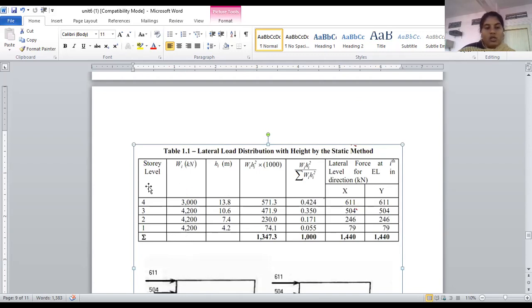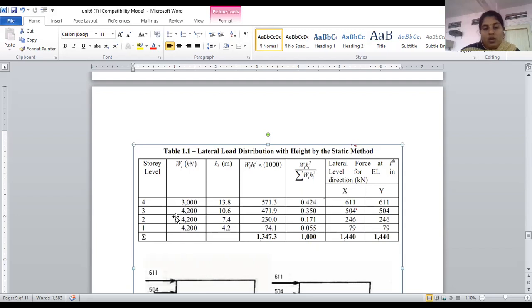Okay, so first one is the story, the topmost story is the fourth one, third one, again second one, first one, and the last one is the ground floor. From that, Wi we already know, that is the total load which is coming on each and every floor. For the roof, that load is 3000 kilonewton.